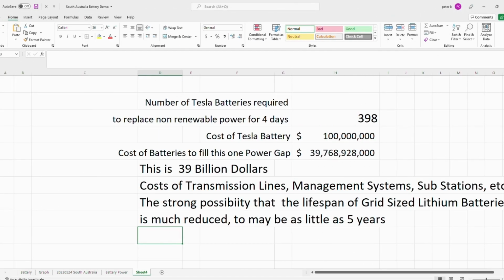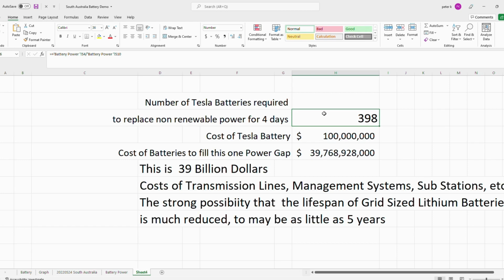So, using the wonders of the spreadsheet, once again, I've worked out that by dividing the amount of power that can be produced by the battery by the amount that's needed, you'd actually need 398 Tesla batteries to replace the non-renewable power for 4 days. Now, the cost of a Tesla battery, who knows, they've never really disclosed it, but it was around $100 million.